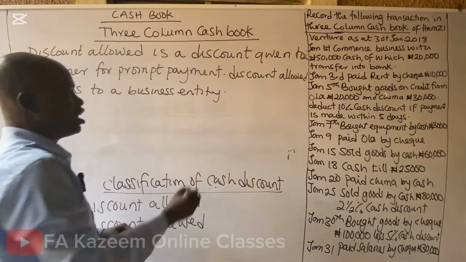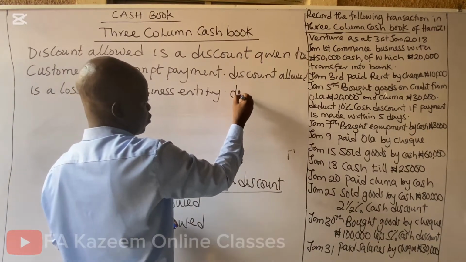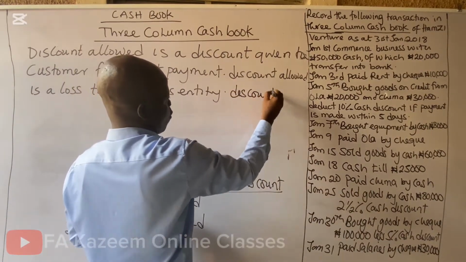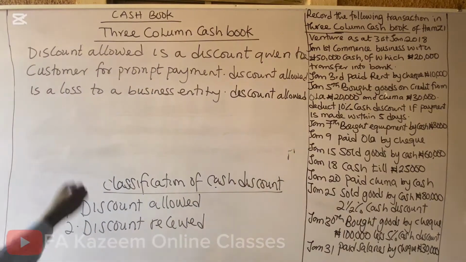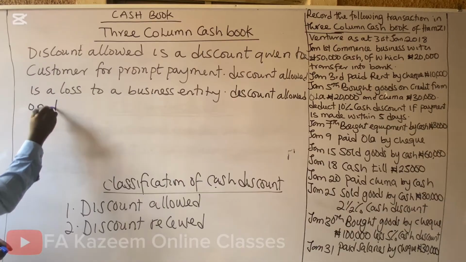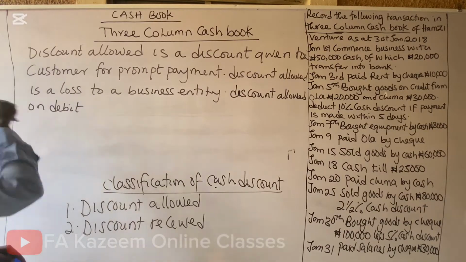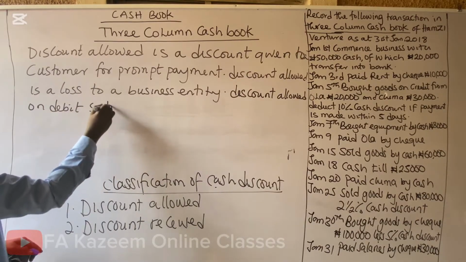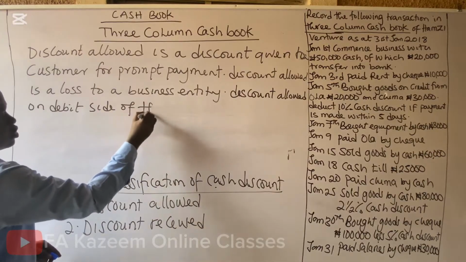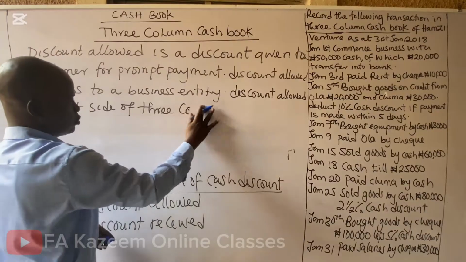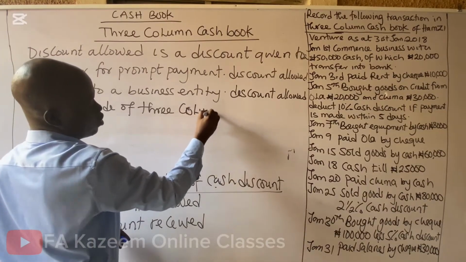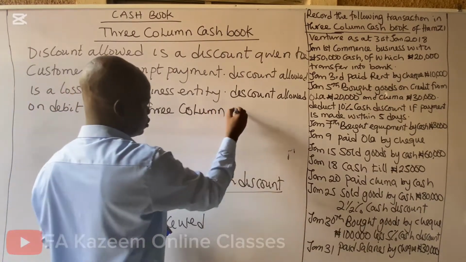Also, discount allowed is on the debit side of three-column cash book.